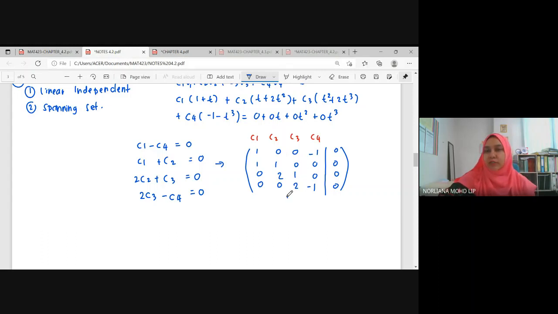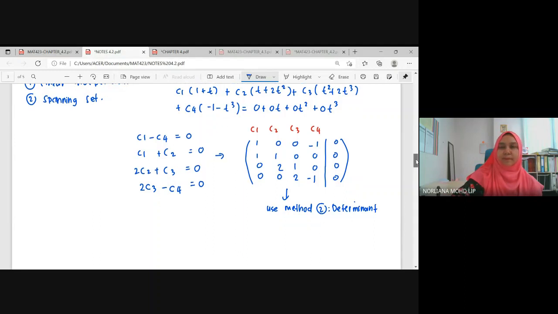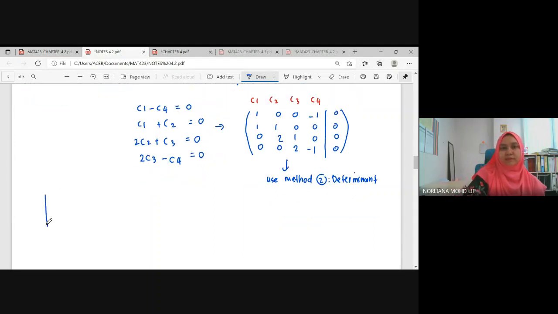Kita boleh use the second method, method 2, by finding determinant. Sebab dia square matrix. Jadi cari je lah determinant.